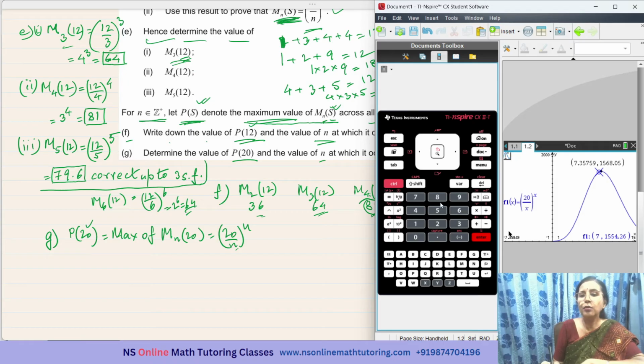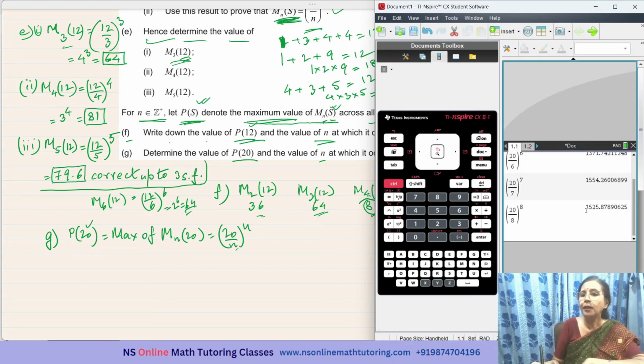And when x equals 8, it is 1525. So obviously 1554 is more than 1525. So n should be equal to 7. I've shown you both the methods. So the answer will be 1550 up to 3 significant figures.